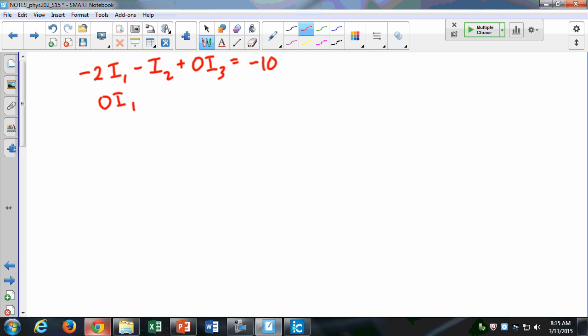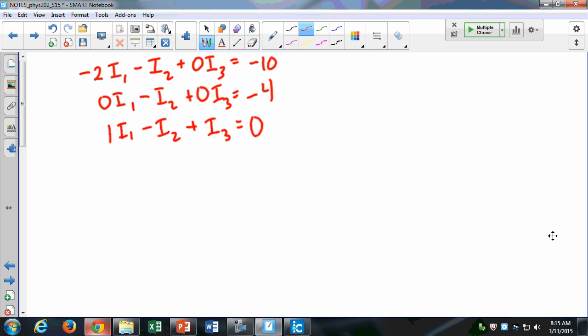This is equation 2: 0I1 minus I2 plus 0I3 equals negative 4. And then equation 3, that's from the junction rule, is 1I1 minus I2 plus I3, and that's equal to 0.